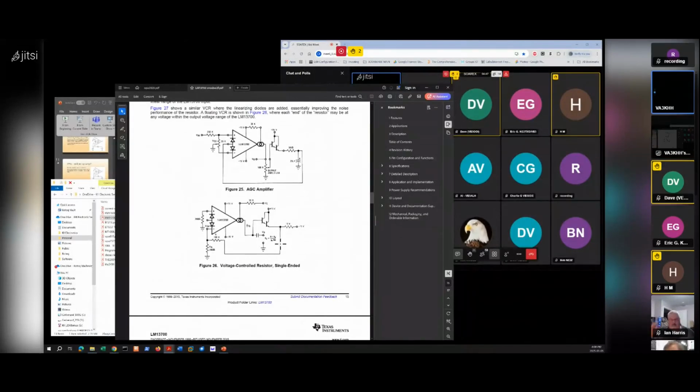So let's say GM is 1, then like here they've got 100K for R. So it'd be basically 100K. And if you could go up from 1 to 100,000, theoretically, you should be able to go from 100K down to 1 ohm, but just according to the equation. But I don't think that's practical. And there is a capacitor in series there, so they're not talking DC resistance; they're talking impedance, I believe.